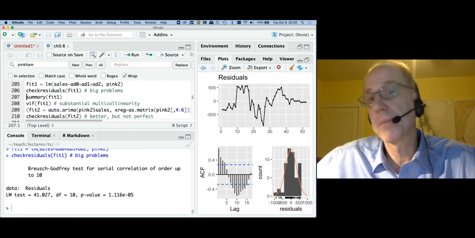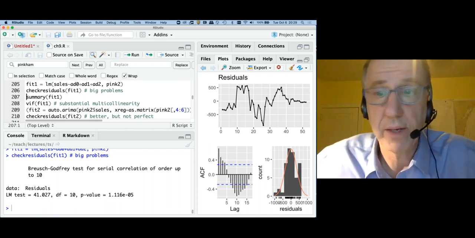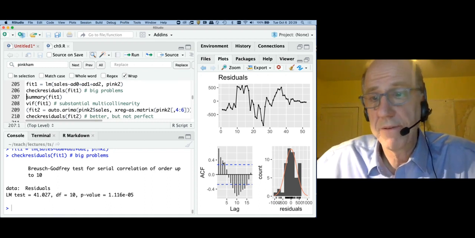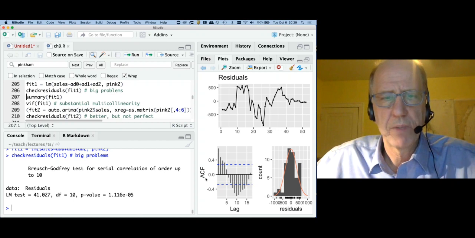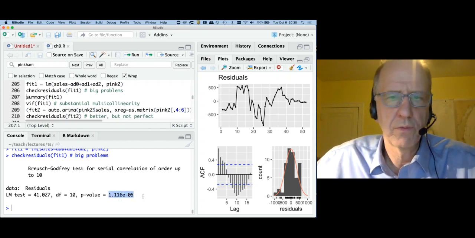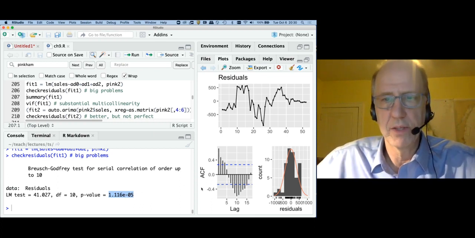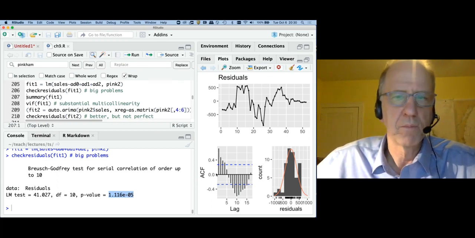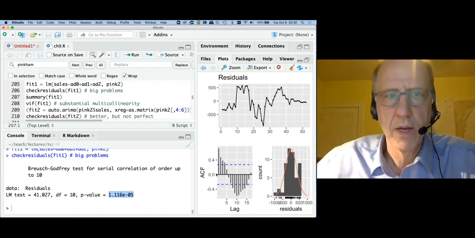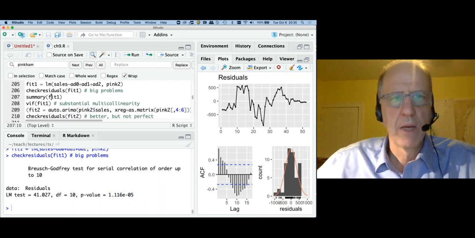They're systematically positive, systematically negative, systematically positive again. My ACF is a mess, so that's not good. The Breusch-Godfrey test is also very highly significant, so I can reject the null hypothesis that all of my autocorrelations are 0. So I've got some problems.